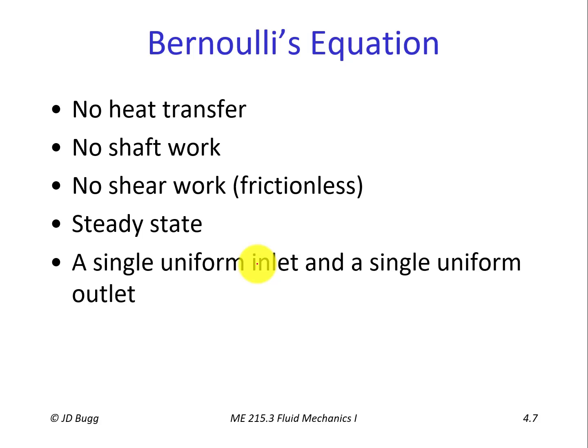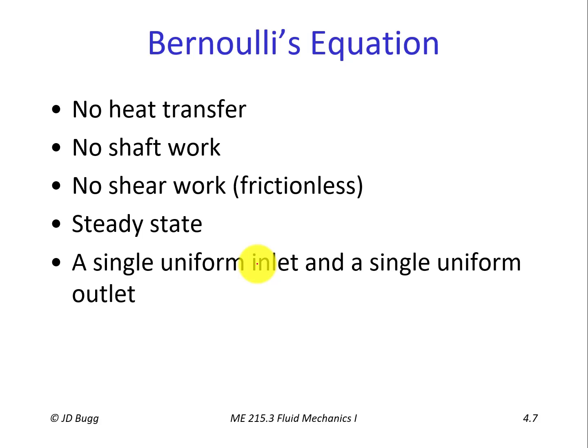Now, in terms of the control volume that we're going to apply it to, we're going to look at quite simple control volumes in all cases, and I'm going to be talking quite a bit about this later in this video. But in terms of the impact on our energy equation, we'll be assuming a single uniform inlet and a single uniform outlet.